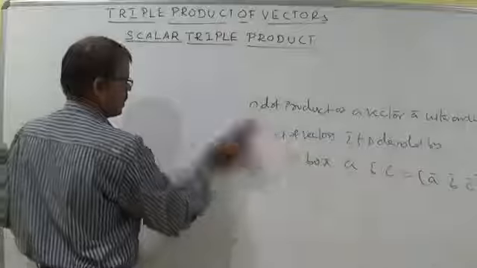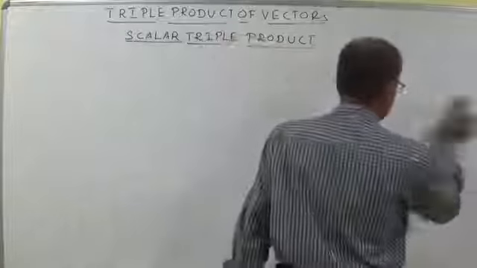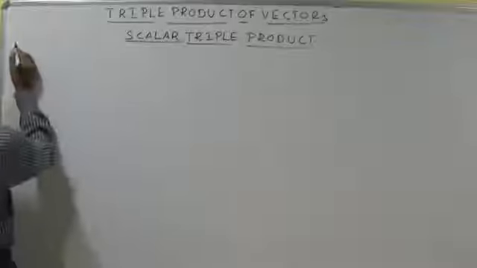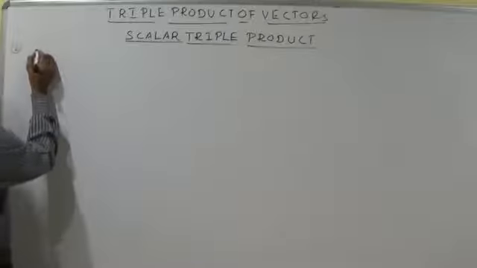Next, let us denote the box ABC notation. That was first point. Now let us discuss about second point.